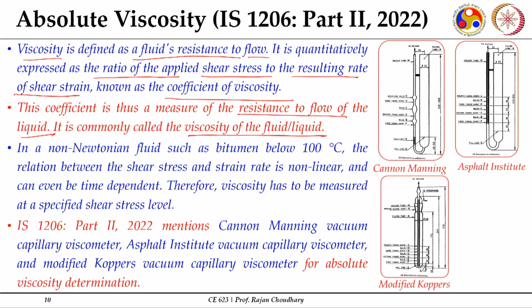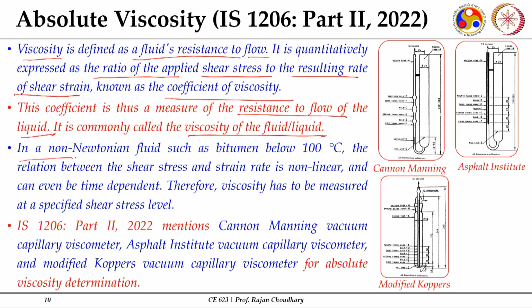And another aspect which is important with respect to bitumen, you might have read in physics, there are two types of liquids: Newtonian liquids and non-Newtonian liquids. Bitumen is the one which behaves both as a Newtonian as well as non-Newtonian one.